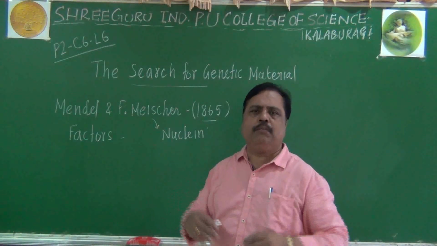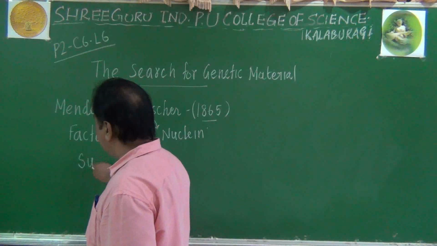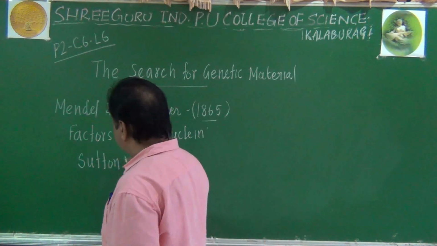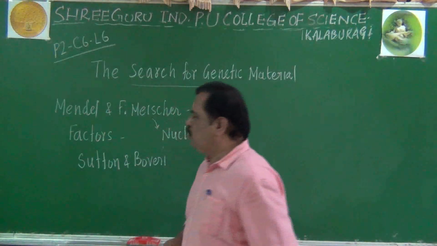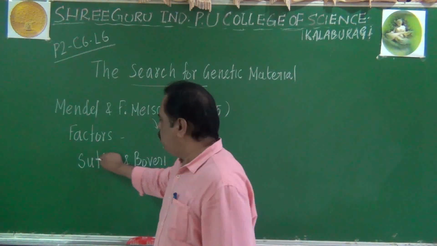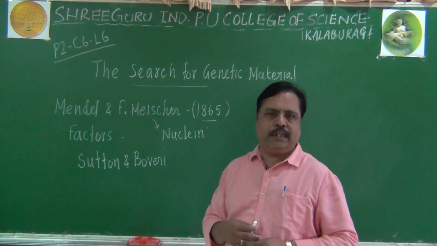But later came other scientists. A very important contribution was provided by Sutton and Boveri, we have to recall here. Already I told you, they proposed the chromosomal theory of inheritance.